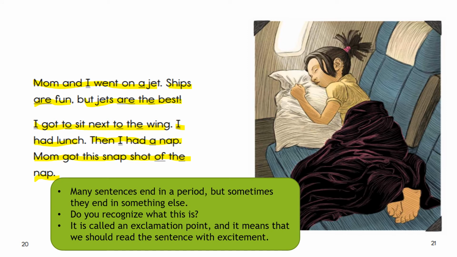Now, many sentences end in a period, but sometimes they end in something else. These are also called punctuation marks. Take a look at this punctuation mark. Do you recognize what this is? It's called an exclamation point, and it means that we should read the sentence with excitement, like you just got a brand new toy.